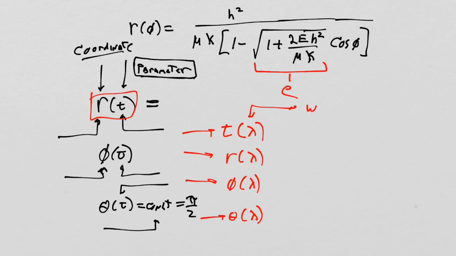And that is the world line parameter, right? We've talked about already. And often the world line parameter is called the proper time.